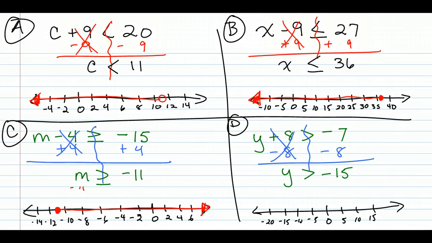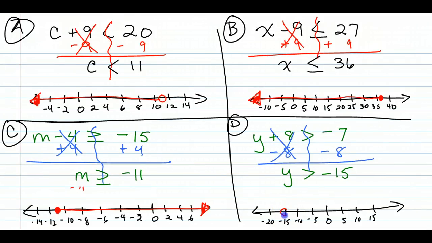But it has to be everything that's greater than that, so my arrow goes off in this direction. All right, now the next one, we've got y is greater than negative 15. Signs are the same. So we just add and keep the signs. So we've got -7 plus a -8 gives me -15. And I adjusted my line, so I've got -15.